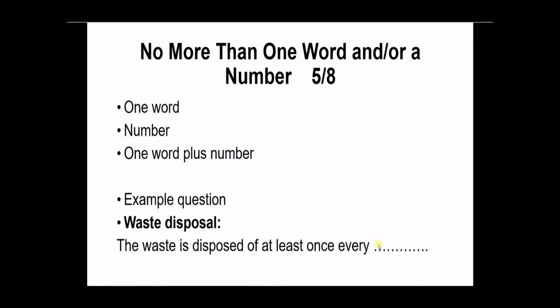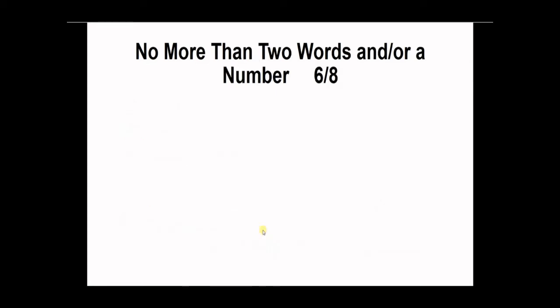So the answer is 4 weeks, and for the 4 you are to write just the Arabic numeral, that is 4, and you will write the word weeks in addition. If you choose to spell out the number, that is, if you write F-O-U-R and you add weeks, you will get it wrong, because in that case that will be 2 words. So you just write the number 4 and you add weeks to it.